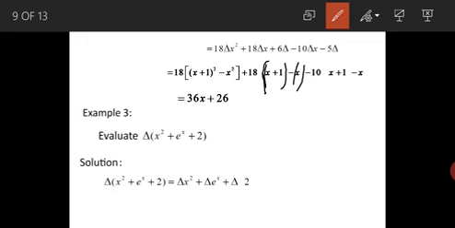This 18 will be multiplied to the whole thing. This is minus 10x. Here it is f of x plus h minus f of x. So we have written it here. You can see the brackets I have written: 18 into x plus 1 minus x. So minus 10 times x is outside the bracket.